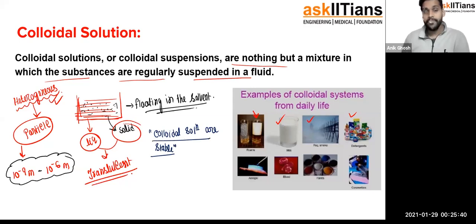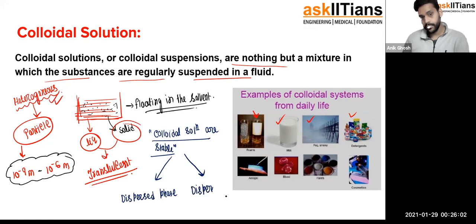For colloidal solutions, we do not use the terms solvent and solute. We use dispersed phase and dispersion medium.